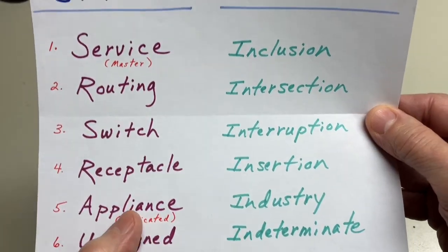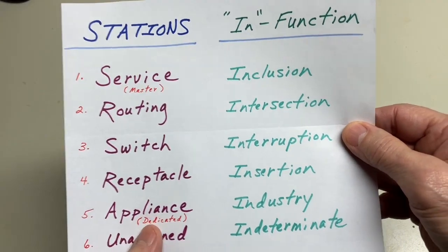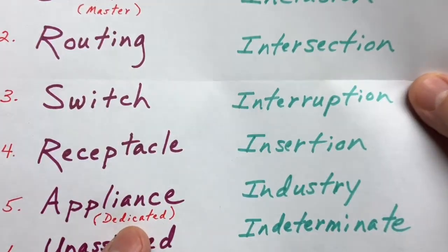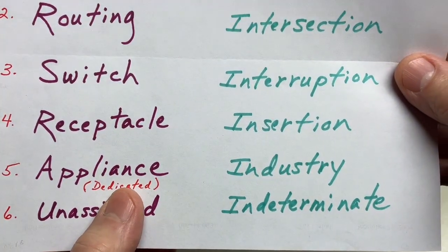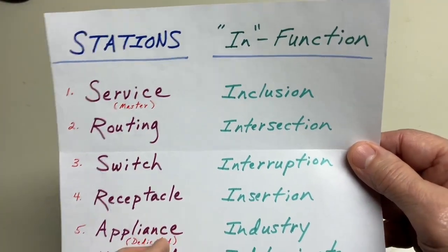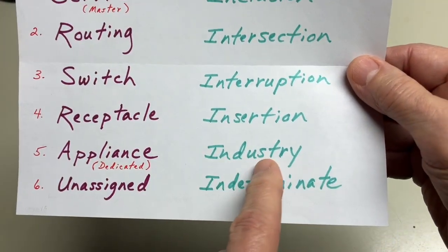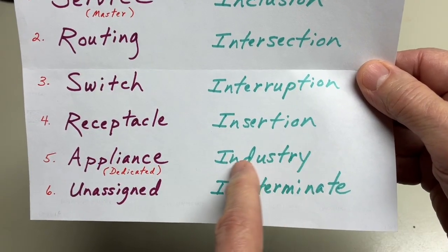Then there's the appliance station, and that's a station that's dedicated solely to one appliance. For example, my cooktop upstairs. And the key in function word here is industry. In other words, it does work. It does a lot of work for you.